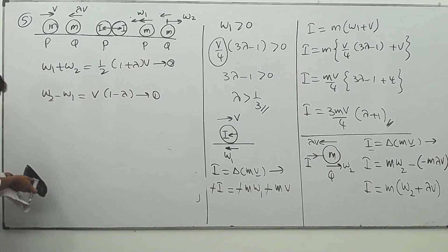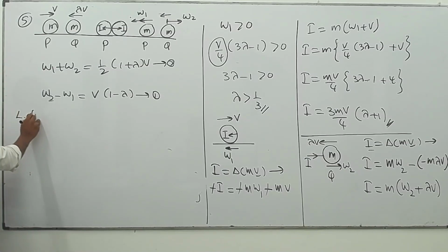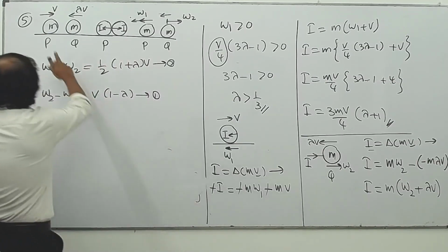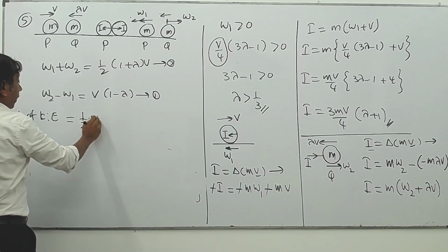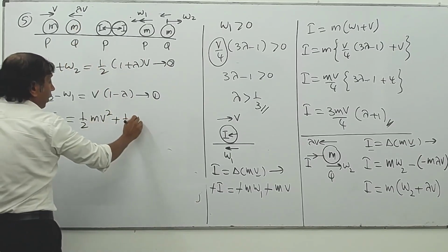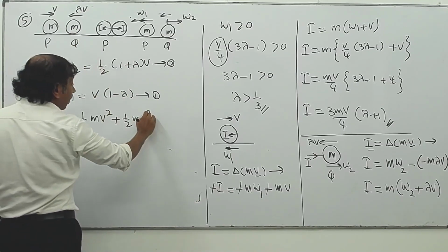Loss of kinetic energy, how to write? Loss is initial minus final. Initial energy is half m v squared plus half m lambda squared v squared.